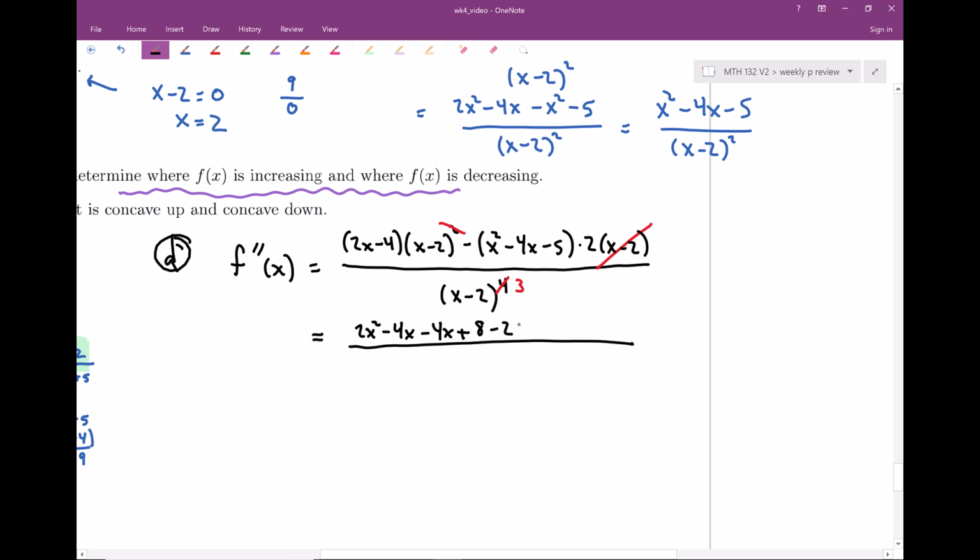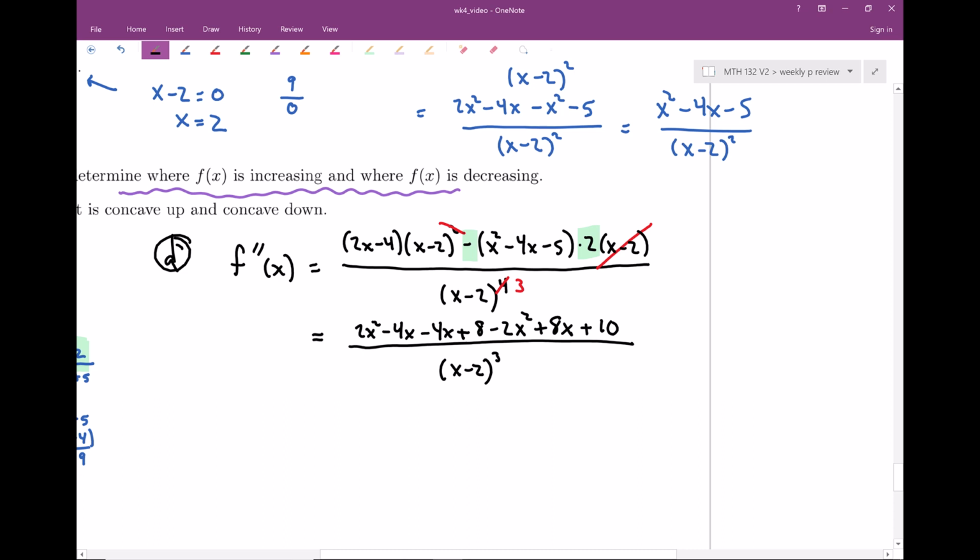So minus 2x squared. All of these are going to have this 2 and this minus. So when I apply that to x squared, I get minus 2x squared. When I apply that to negative 4x, that's going to be plus 8x. And when I apply that to negative 5, that's going to be plus 10. And now we just have x minus 2 cubed in the denominator.